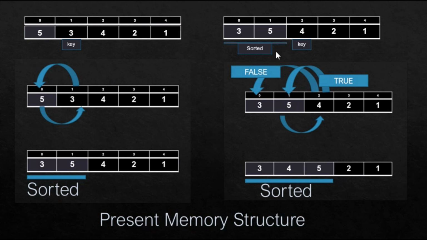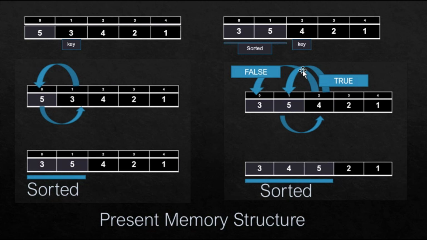And this is how it works. Sa first part ng pagsaswap, kailangan i-compare si key sa sorted element. If it's true na mas maliit si key kaysa sa sorted element, then magsaswap sila. So, 3 less than 5 is true. Then yung 3 mag-move sa index 1, and yung 5 mag-move sa index 2. And ito na yung sorted part.